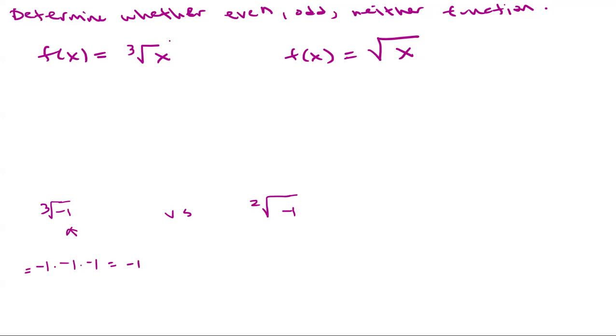So I can rewrite this as -1 raised to the third power, okay? Because again, -1 times -1 times -1 equals -1, right? So -1 to the third is the same thing as is equal to -1. So I can rewrite that. So in this case then, I'll have the cubic root of -1 to the third.